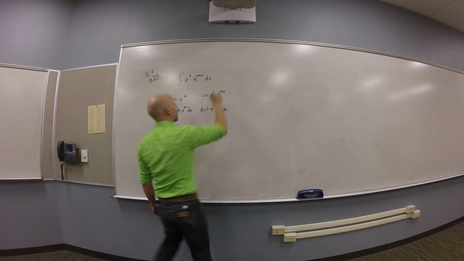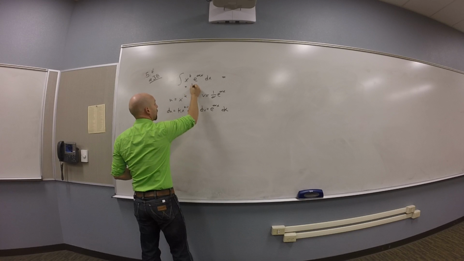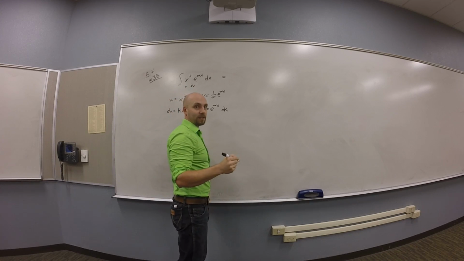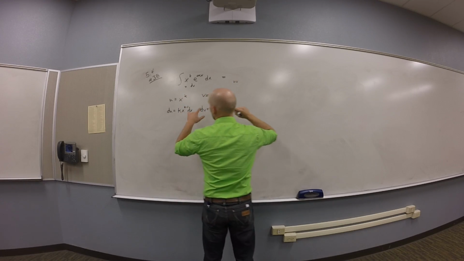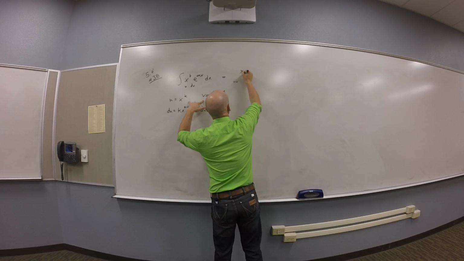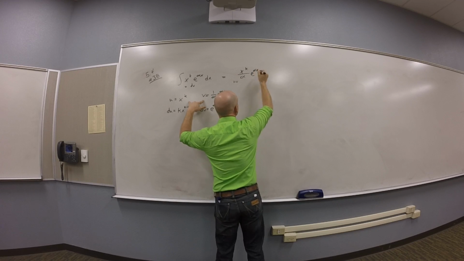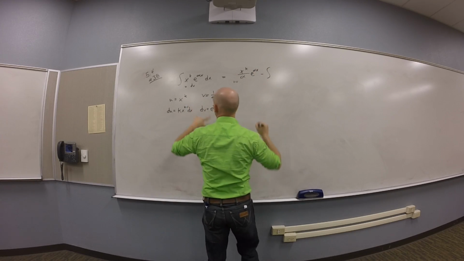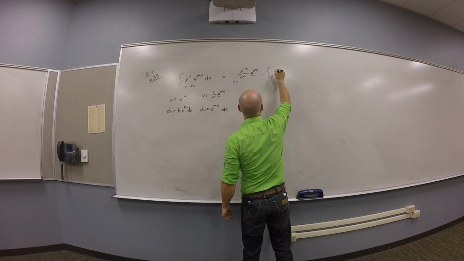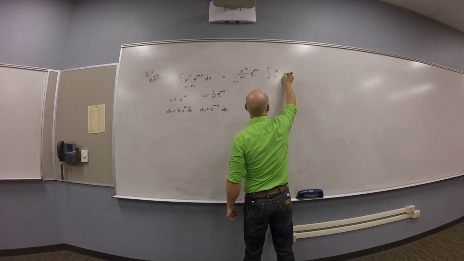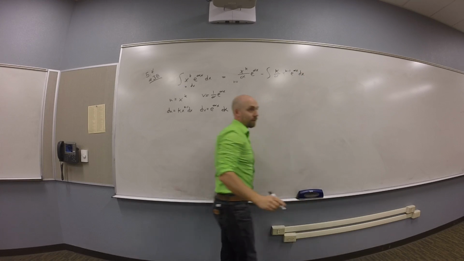And then you do this thing where you go, okay, so this is the integral of u dv, right? And so that part says that's uv, so uv is x to the k over alpha e to the alpha x minus the integral of v du. So I got a k over alpha x to the k minus 1 e to the alpha x dx, right?